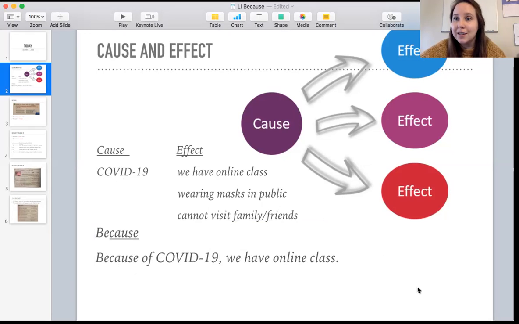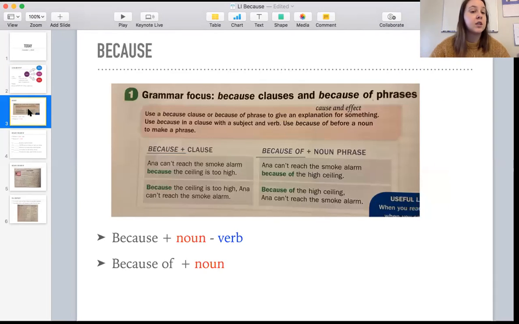So let's take a look now at how we use because. If you have your book, it's going to be page 34 in the student book.